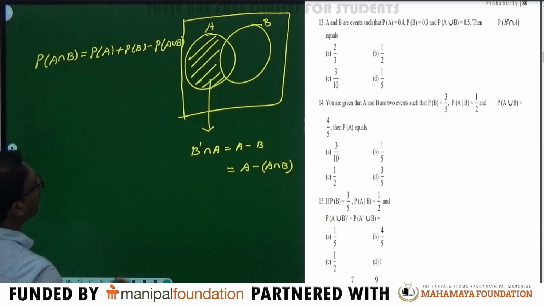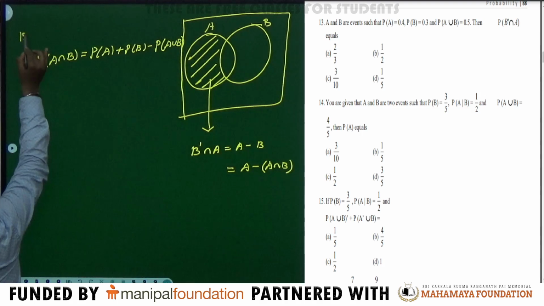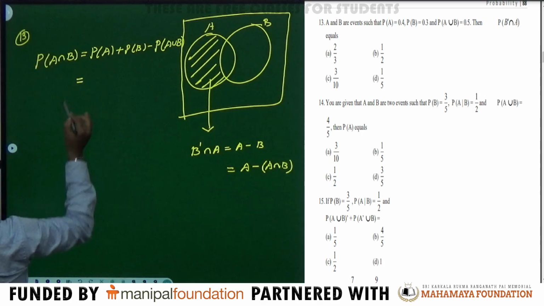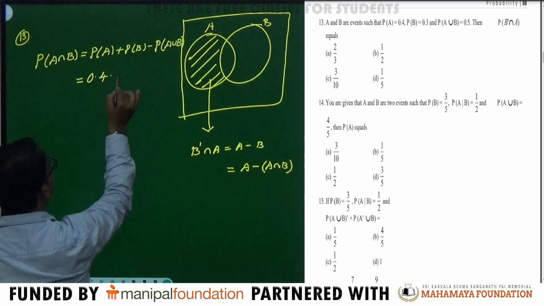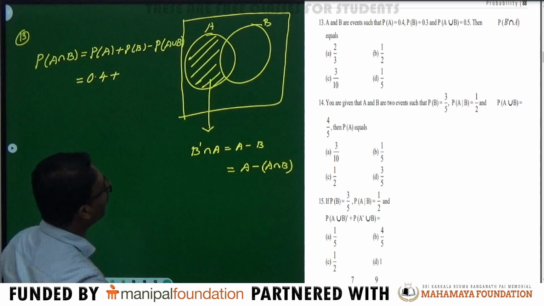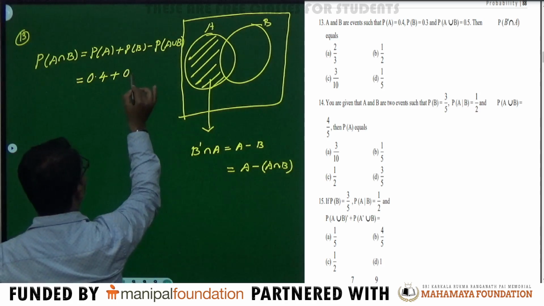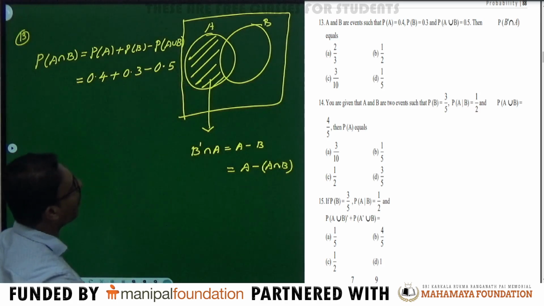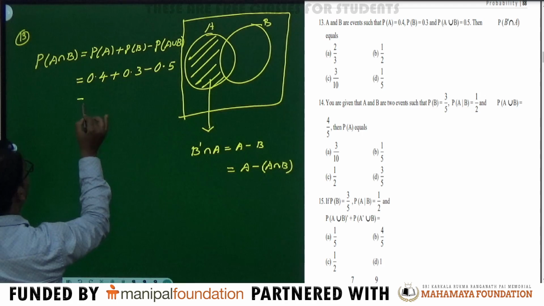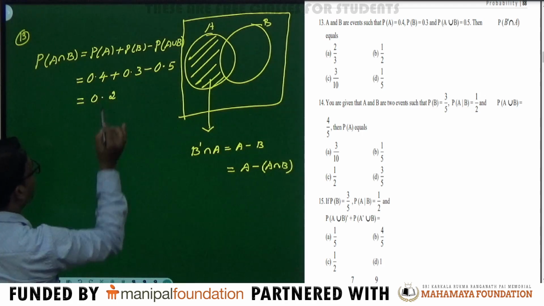So, in question number 13, the given probability of A value is 0.4 plus probability of B value is 0.3 minus probability of A union B is 0.5. It is equal to 0.2.